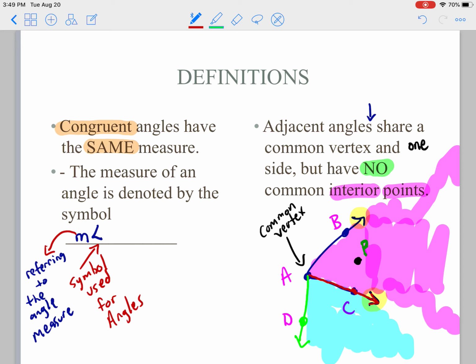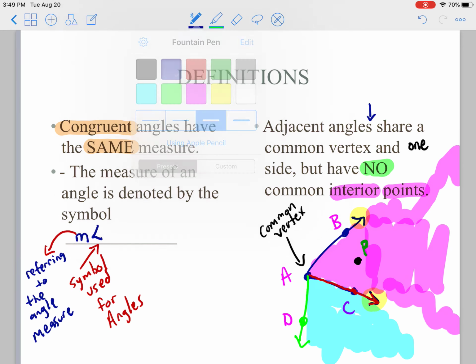So having said that, I can also say that point P that is inside the pink is on the exterior, outside of the blue angle A. Okay, the area shaded blue, it's on the exterior. So if we have an interior, we have an exterior. And I could put on one more point.